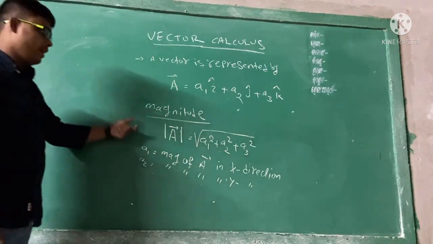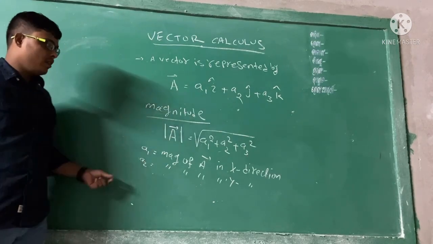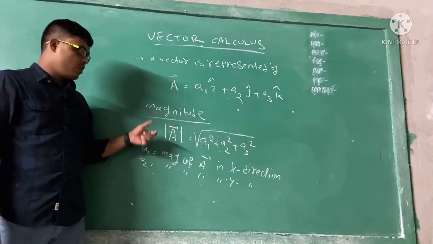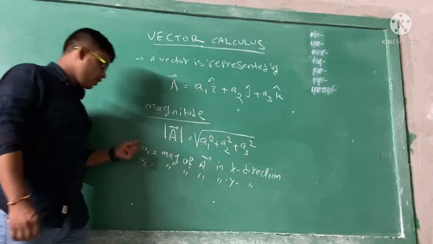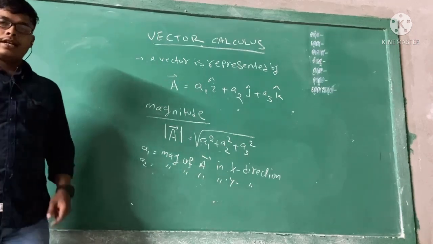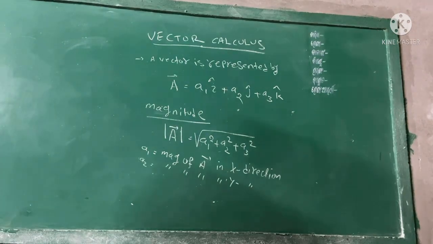And what is a3? This is the magnitude of vector A in the z direction. So remember, a1, a2, a3 are different. These are the magnitudes in the x, y, and z directions. But a vector's magnitude is the total magnitude of the vector. That is the value. So remember this.